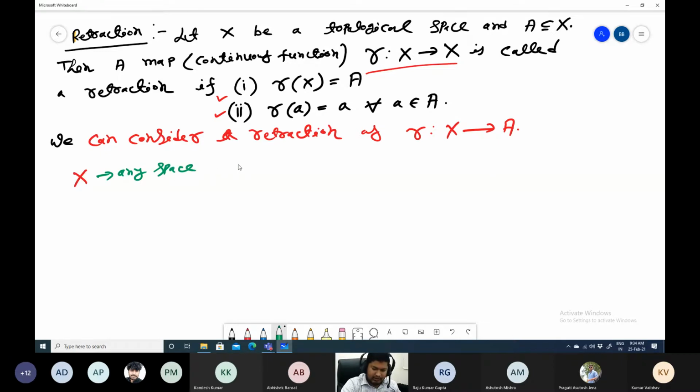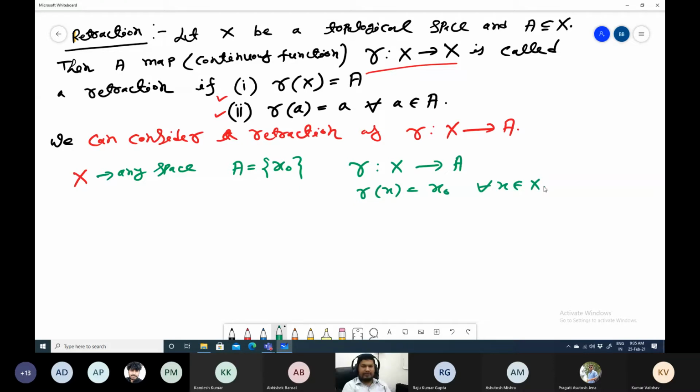Right. Now, you can take X to be any space, and you can take A to be a singleton, say {x0}. Now you can define R from X to A by R(x) = x0 for all x belonging to X. So you can see that it satisfies the above two properties. Therefore a single point is a retract of X.